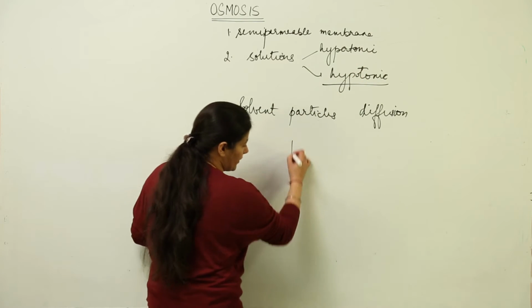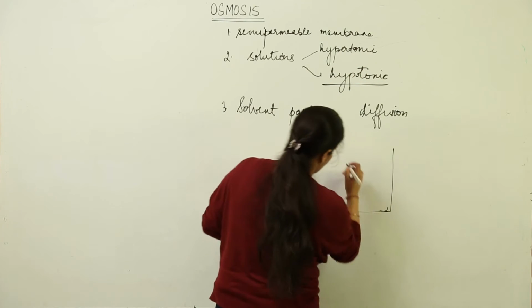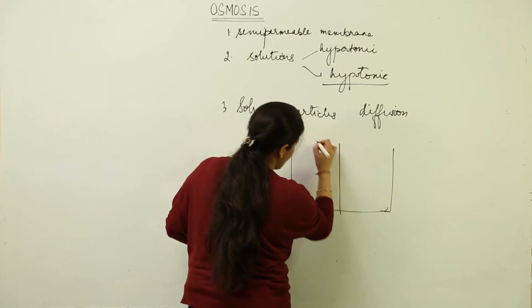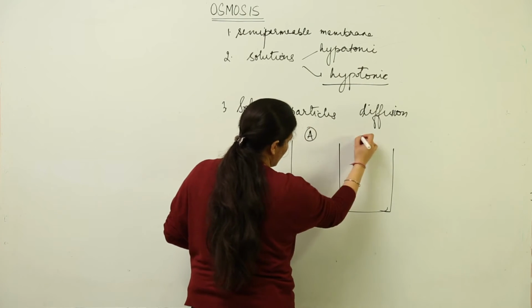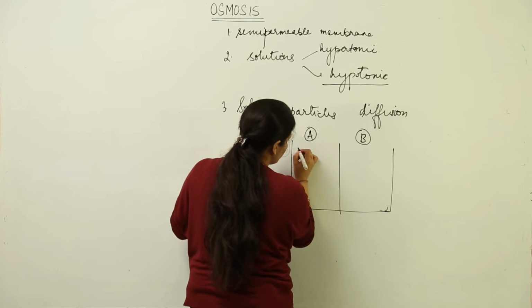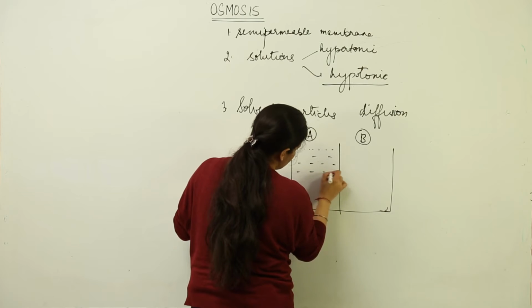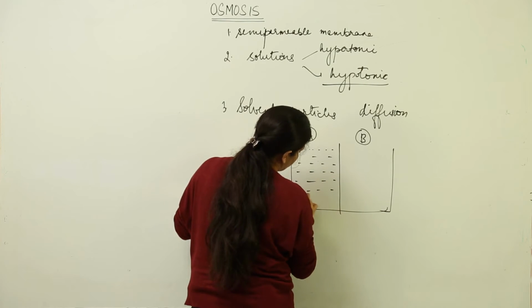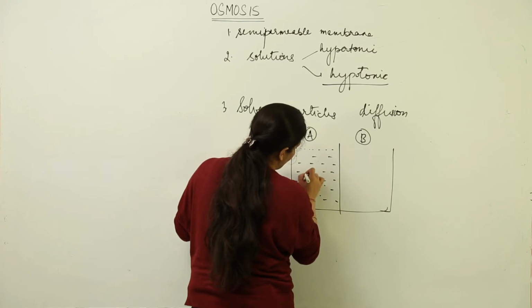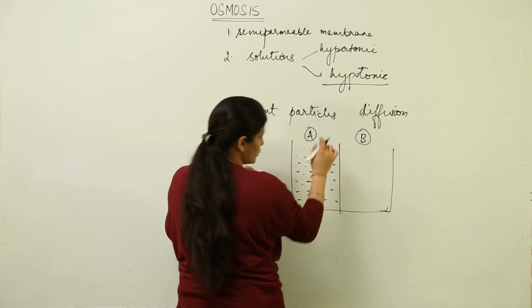Now see it diagrammatically. Supposedly this is a container, we have solution A and we have solution B. Solution A is hypertonic, that means it has more solute particles inside it like this and less solvent.